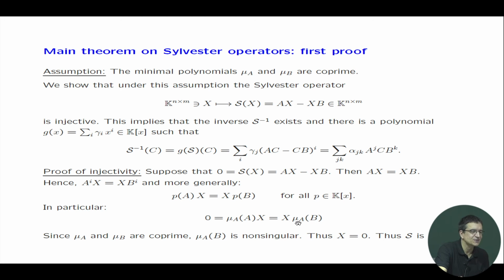So the conclusion then is that X is 0. And this shows that our Sylvester operator is 1-to-1. And it has to be then also onto because of the dimension of the spaces. So the pre-image and the image space are the same. Okay, and the operator is linear. If the kernel is 0, then it's a bijection.